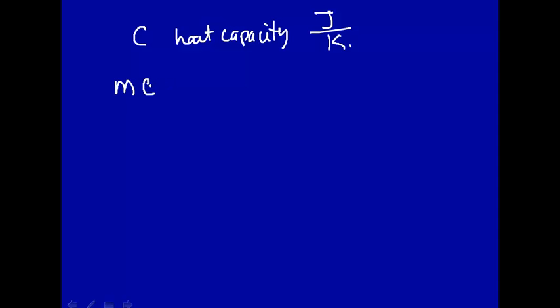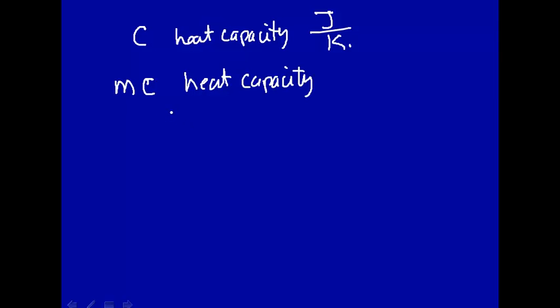One other point I want to make here. Heat capacity, C, has units of joule per Kelvin, as you may remember from introductory chemistry. Let's look at mass times lowercase c, which is specific heat capacity. I claim that m times lowercase c is also a heat capacity.